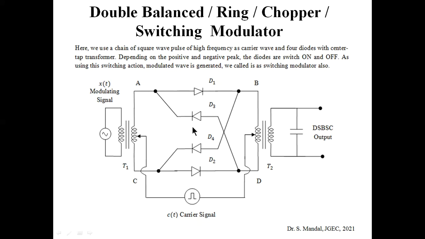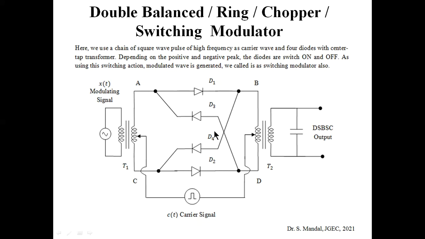Now what will happen, depending on the positive or negative peak or the polarity of the A and C points, or B and D points, these diodes will sometimes be switched on and sometimes off, like a bridge rectifier. So using this switching action, sometimes these diodes are on, sometimes off. That's why we also call it the switching modulator.